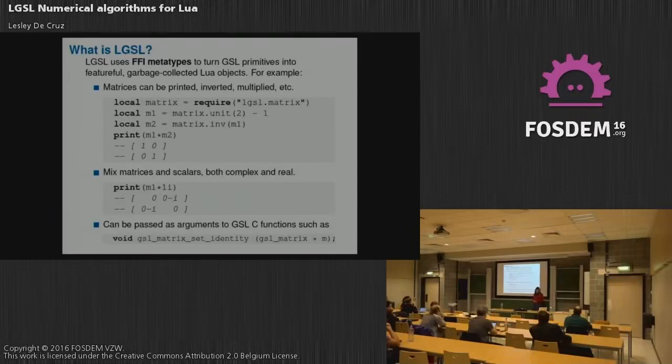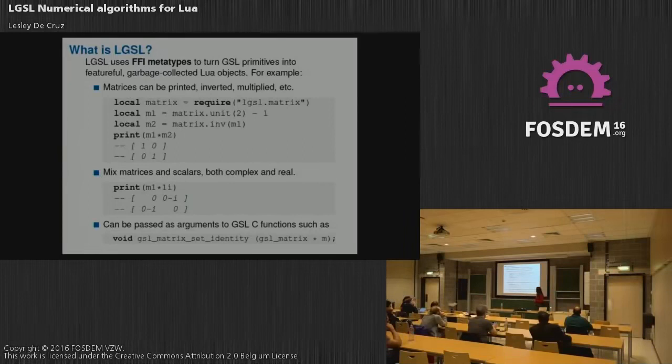An example here is the matrix class, which you can require. It's a submodule of Lgsl. You can create matrices, so you can have element-wise subtraction of a scalar. So this all mixes very well. You can invert them, solve systems, and it can also be pretty printed.